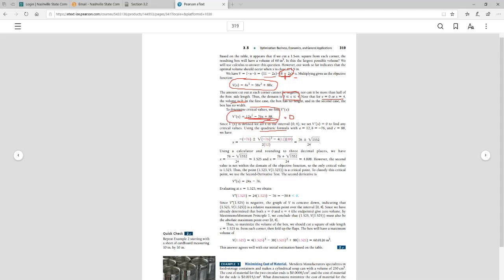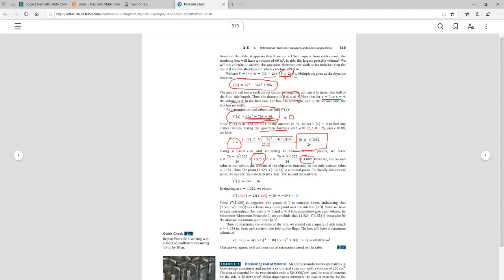But anyway, if you use the quadratic formula to solve for x, we end up getting these two answers. One is 76 minus the square root of 1552 over 24, which is about 1.525. The other is 76 plus the square root of 1552 all over 24, which is about 4.808. Those are going to be our critical values.